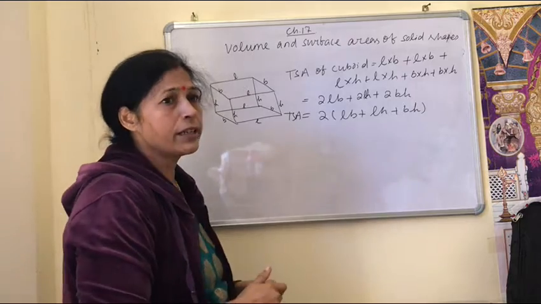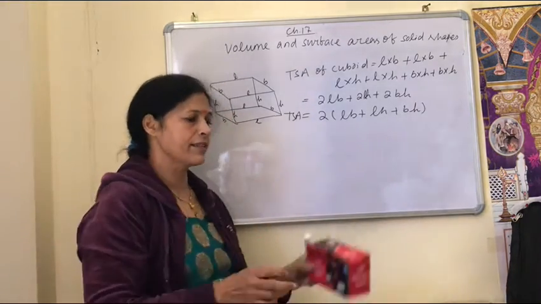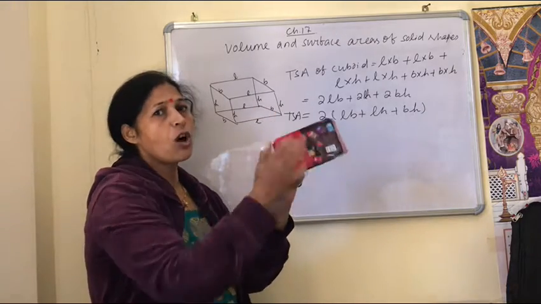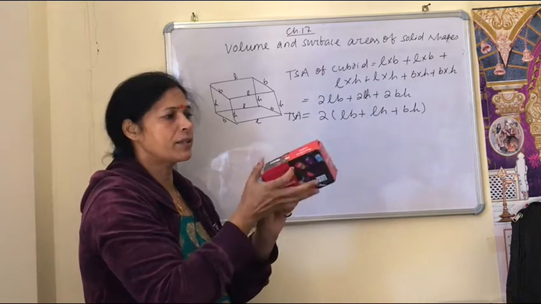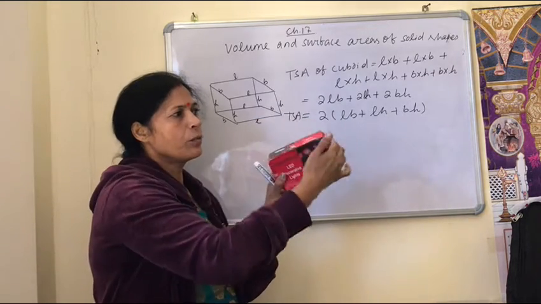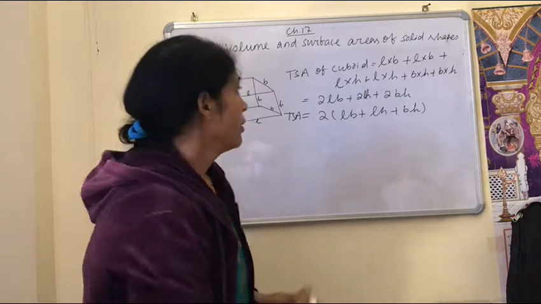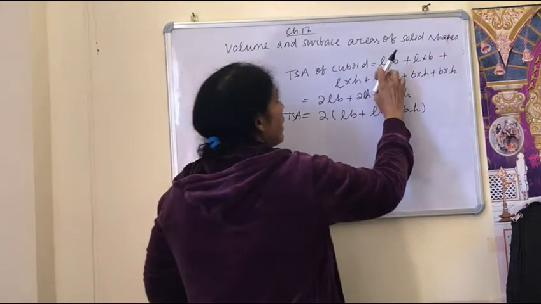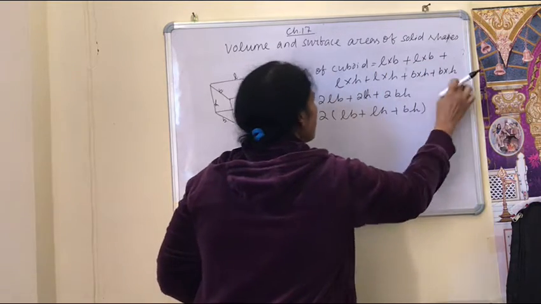Now come to the lateral surface area of cuboid. The lateral surface area means the 4 sides except your top and bottom. These are the lateral surfaces: 1, 2, 3, 4. Front, back, then both the 2 sides. So except LB, top and bottom, you take these 4. Clear?